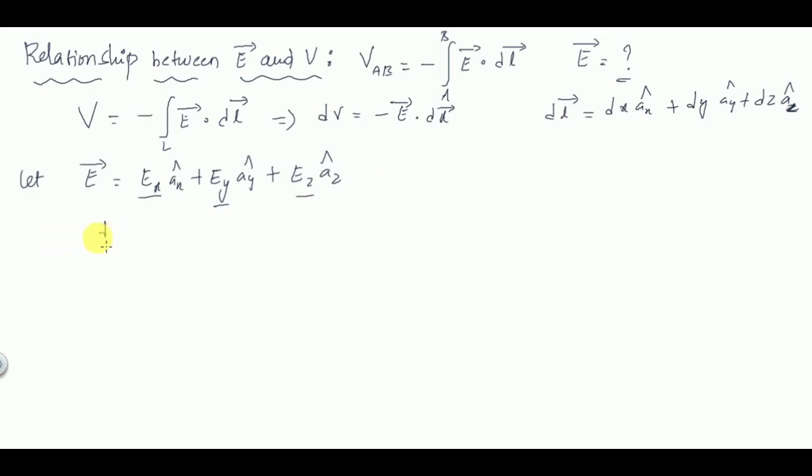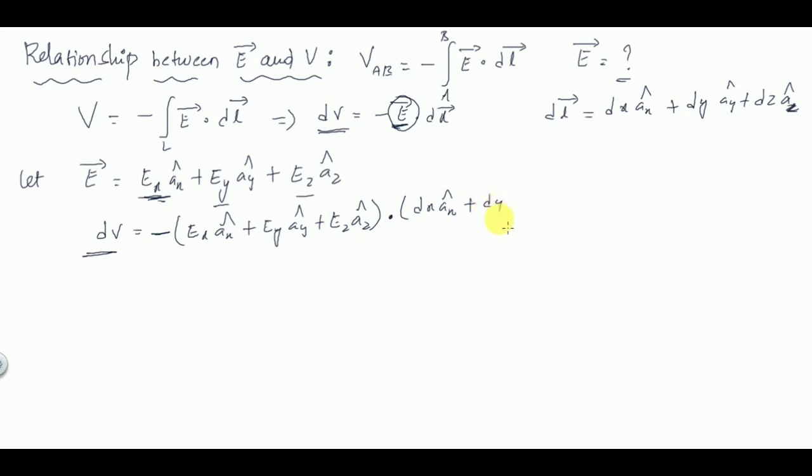Then what will be dV? dV is equal to minus, in the place of E bar, Ex Ax cap plus Ey Ay cap plus Ez Az cap, dot dl. dl is dx Ax cap plus dy Ay cap plus dz Az cap.